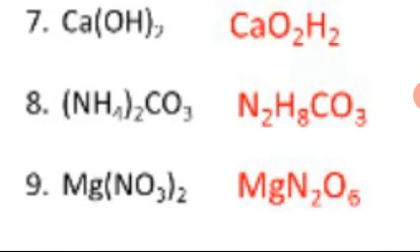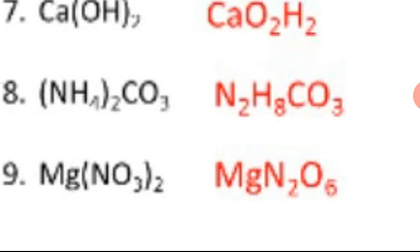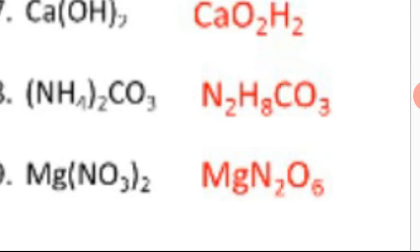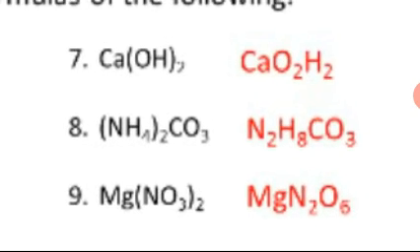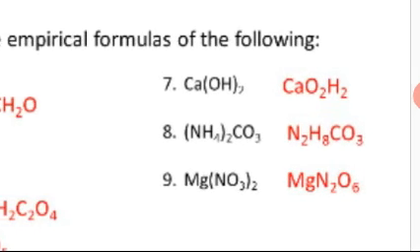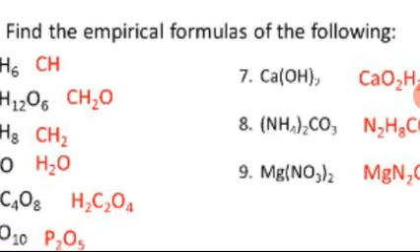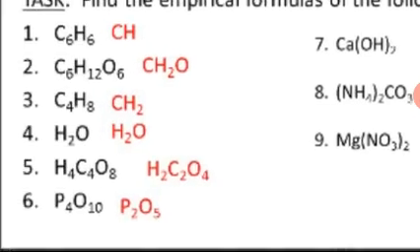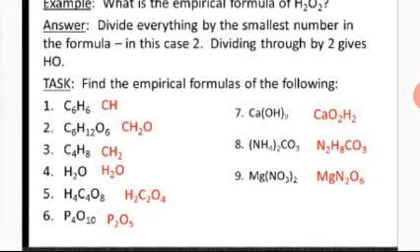Magnesium nitrate, Mg(NO3)2. This becomes MgN2O6. 2 threes are 6. Can you divide it? No. So molecular and empirical formula remain the same. Usually in inorganic compounds, both have the same molecular and empirical formula.